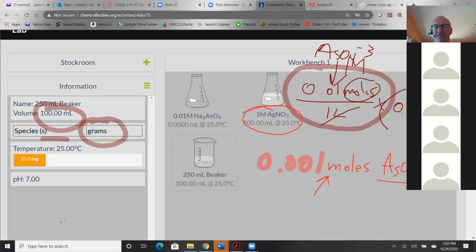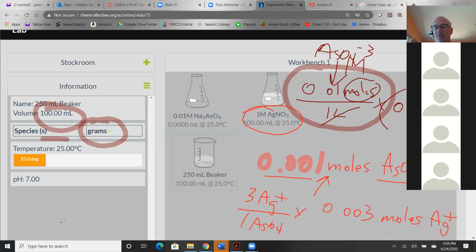Why 3 times as much? Because it's a 3-to-1 ratio. That's right. So since there are 3 moles of silver for every 1 mole of arsenate in our reaction, we're going to need 0.003 moles of silver.